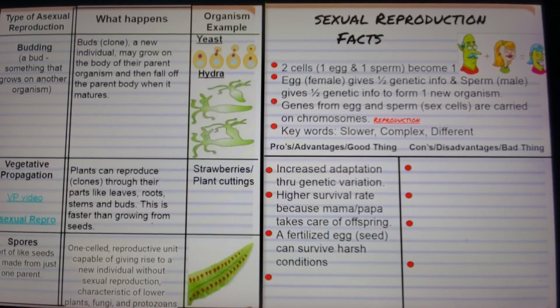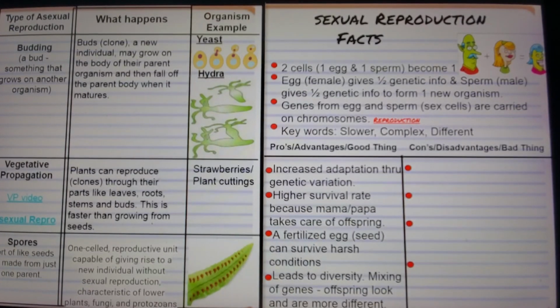A seed is an example of a fertilized egg. That's what a seed is. They can survive in really harsh conditions. There can be 3 feet of snow and ice, or it can be 120 degrees, and some of these seeds and even organisms can still survive.